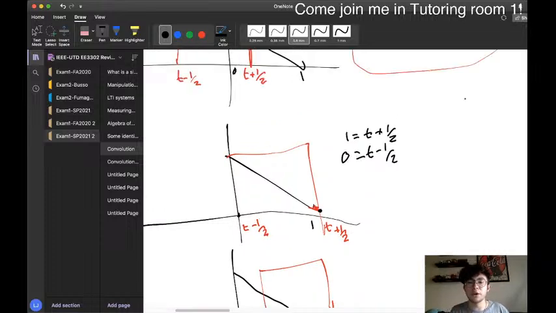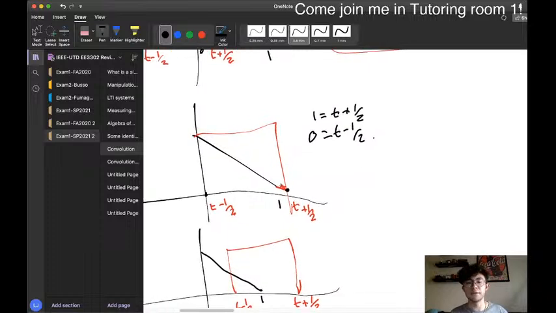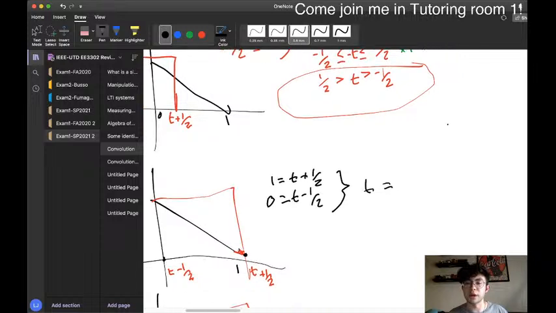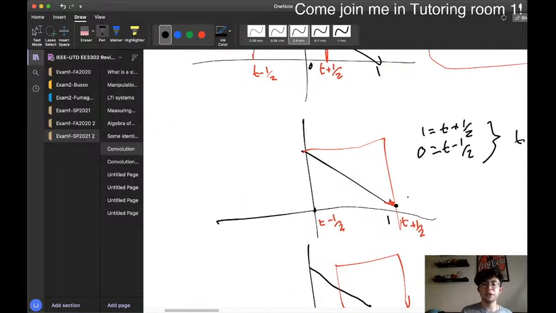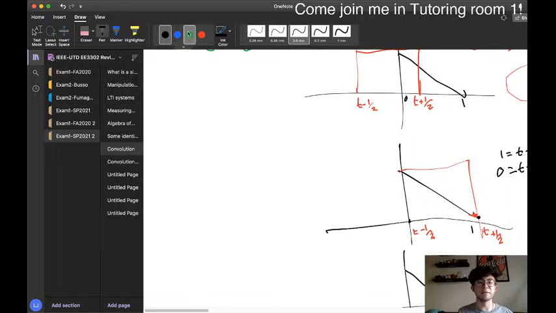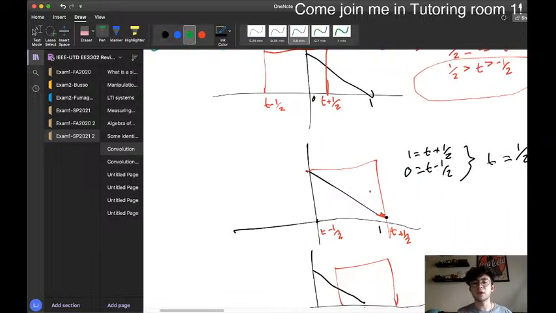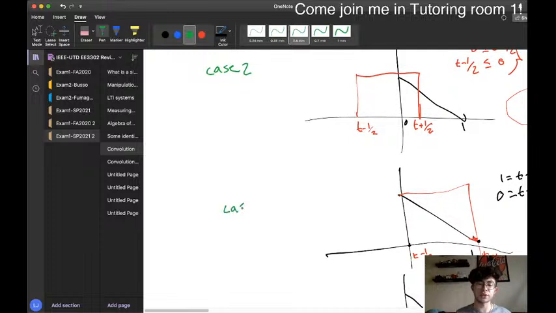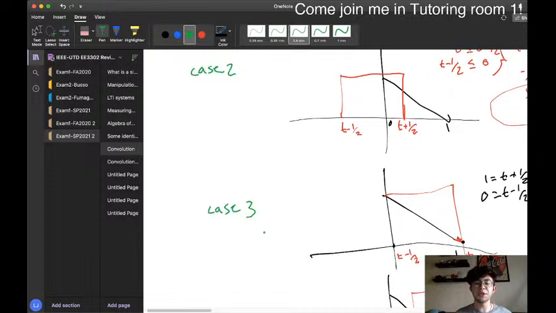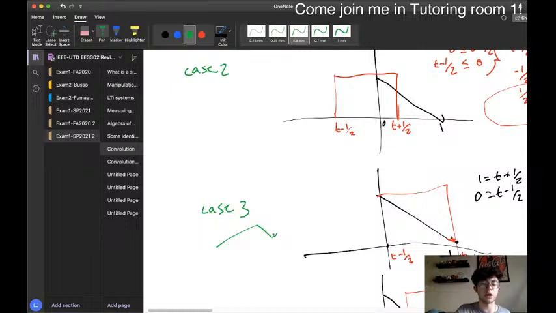And now you can do some linear algebra and solve for t here, and this will give us t is equal to 1/2. So this case 3 is the max value. This is essentially the case that occurs whenever one signal is completely overlapped over the other. So this is going to be our cusp, if you will, of our convolution.